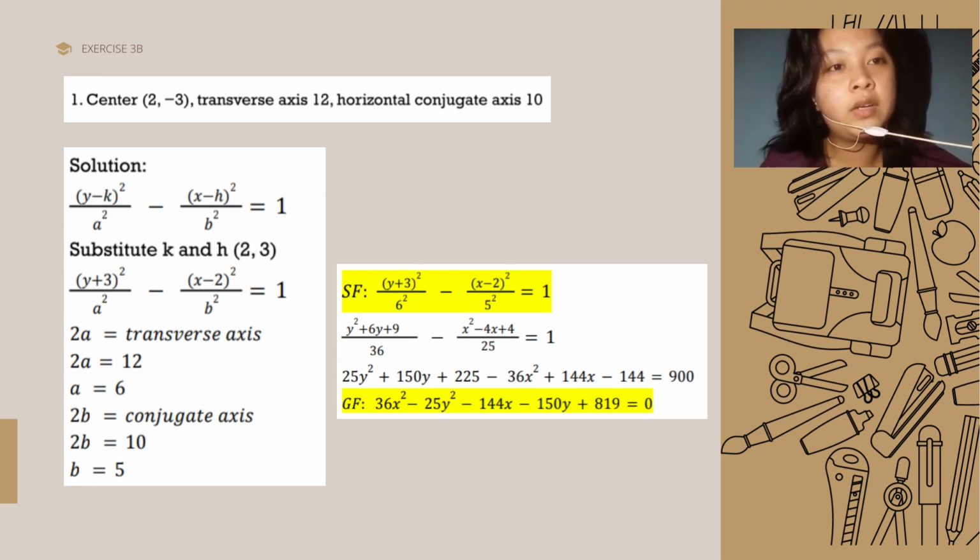So, ang sunod naman ay, ang pag-arrange natin ay minus 144x minus 150y and then plus 225 minus 900 minus 225 and then 144 and then 225 is equal to 819 is equal to 0. So, yan yung magiging general equation natin.